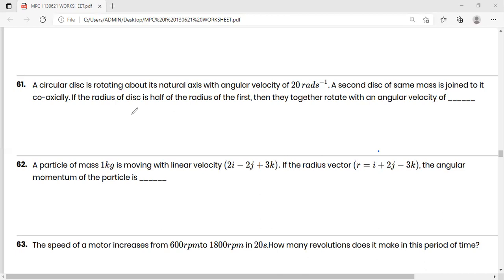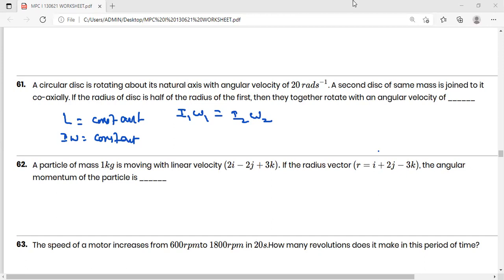So here, since external torque is 0, angular momentum L equal to constant. In this particular case, first you have to understand that angular momentum L equal to constant. What is the formula for L? I omega equal to constant. That means you can simply write here I1 omega 1 equal to I2 omega 2.